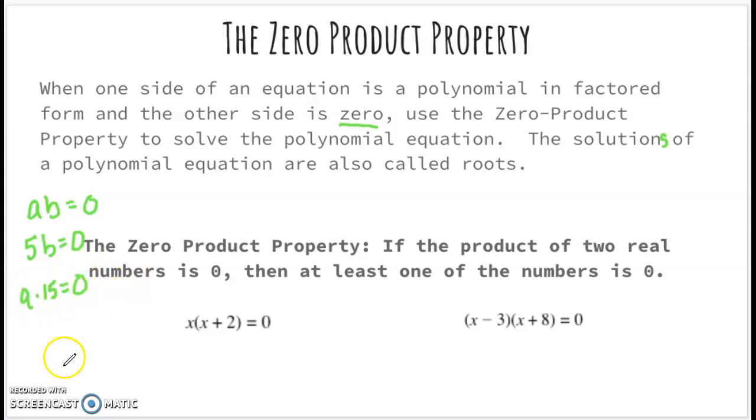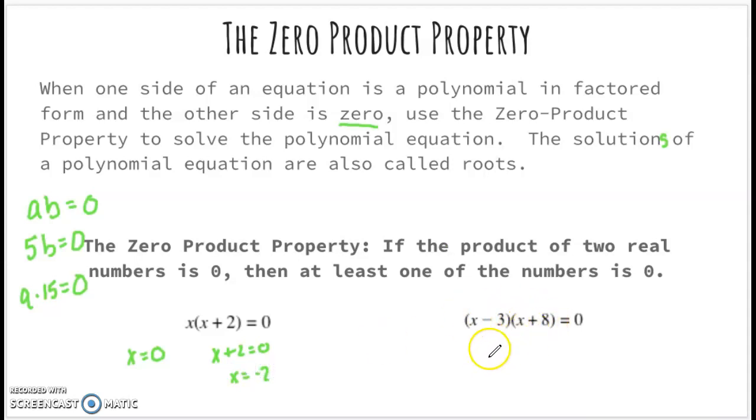So what does that mean down here? That really helps us figure out our solutions, or our x-intercepts. If I'm looking here, I can set the first factor equal to 0, and then the second factor equal to 0, so I know x has to be negative 2.